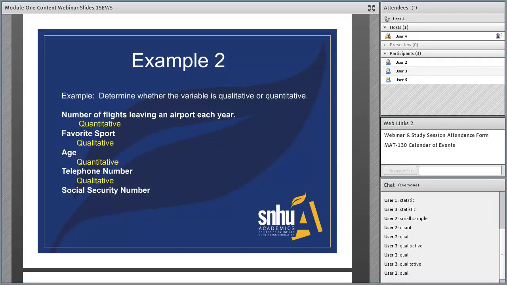So even though the telephone number has numbers, it's qualitative. And then how about Social Security? Right, same thing. Even though it has numbers in it, it doesn't have numerical meaning. It just happens to have some numbers in it.